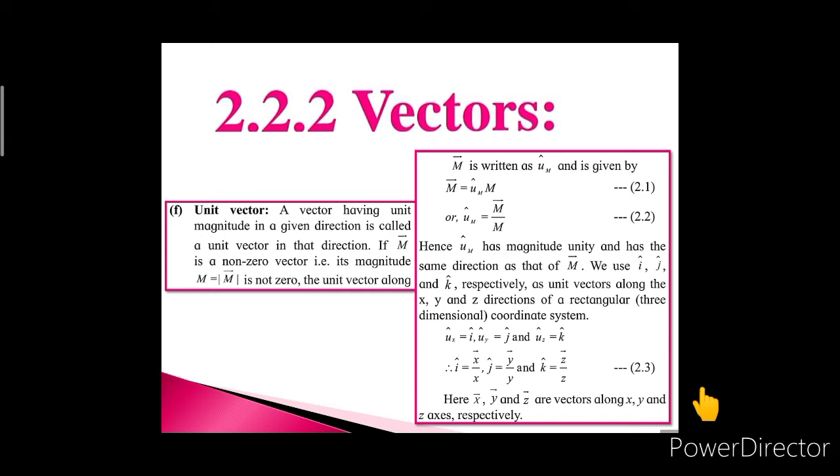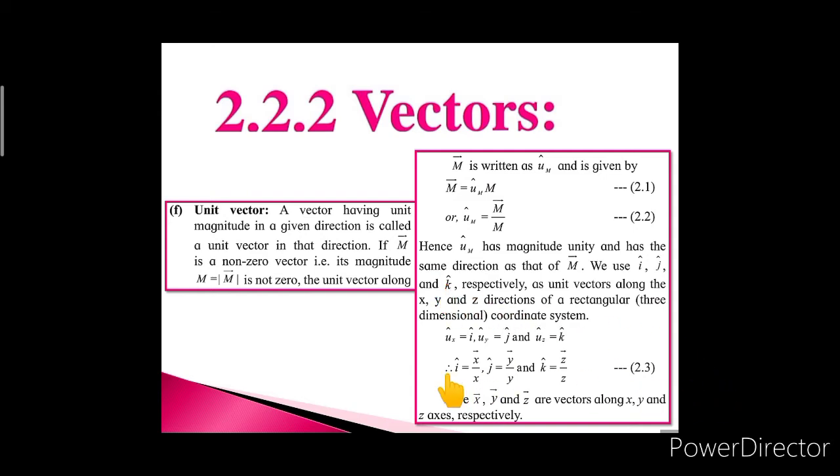Now if we take the rectangular or three-dimensional coordinate system having x, y and z axes, along the x axis the unit vector is represented as i cap, along the y axis the unit vector is j cap, and along the z axis the unit vector is k cap respectively.